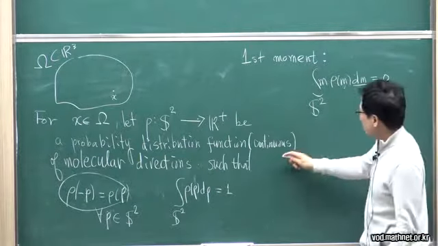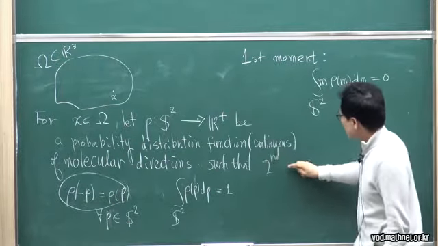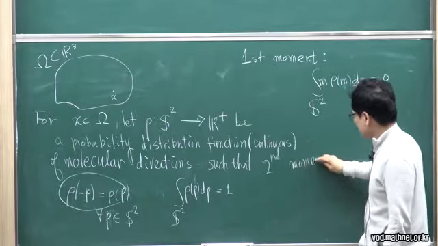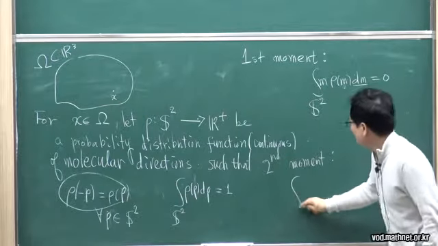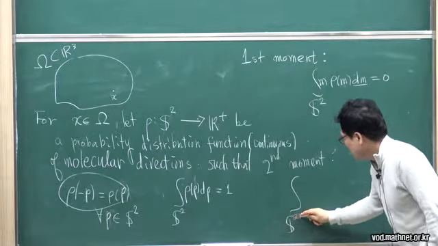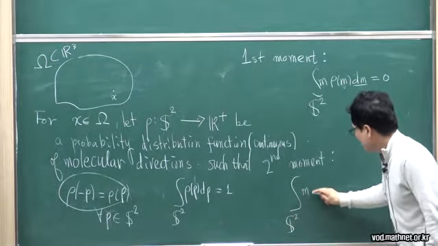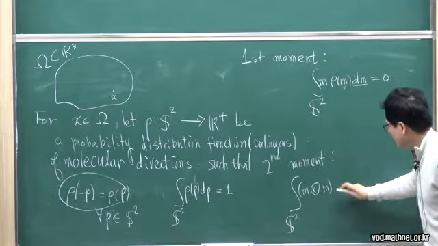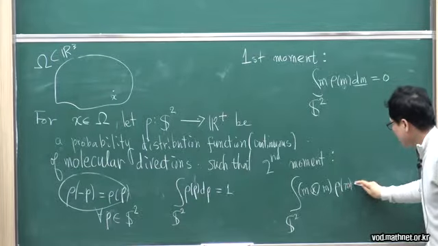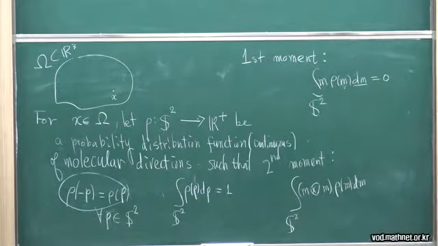And I compute the second moment. The second moment is defined to be the integral over S2 of m tensor m rho m dm. So this is the second moment.